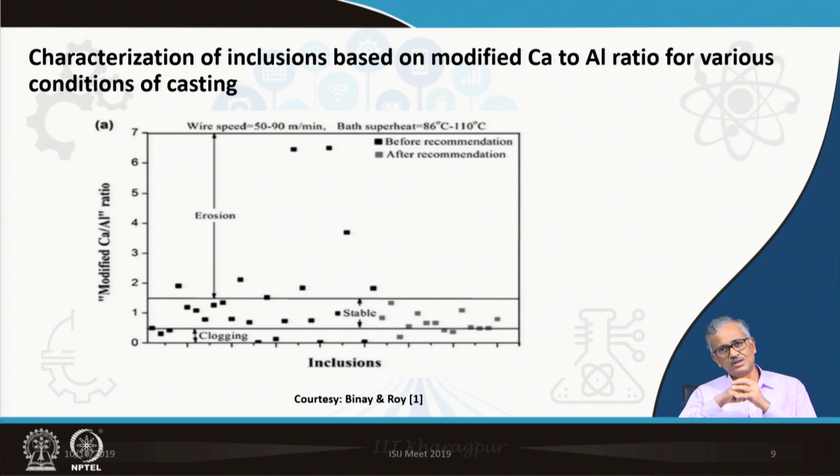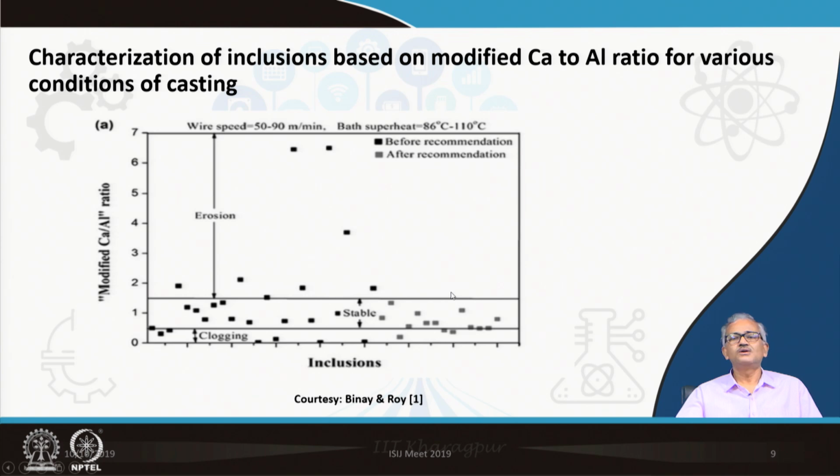If you know the recovery, then to get an optimum Ca to Al ratio in the range 0.5 to 1.5, you know how much aluminum has to be there, how much more calcium has to be there, or how much calcium has to be deducted from the sample. So, based on that you can estimate the optimum amount of wire that must be added such that the Ca to Al ratio under this condition becomes 0.5 to 1.5.